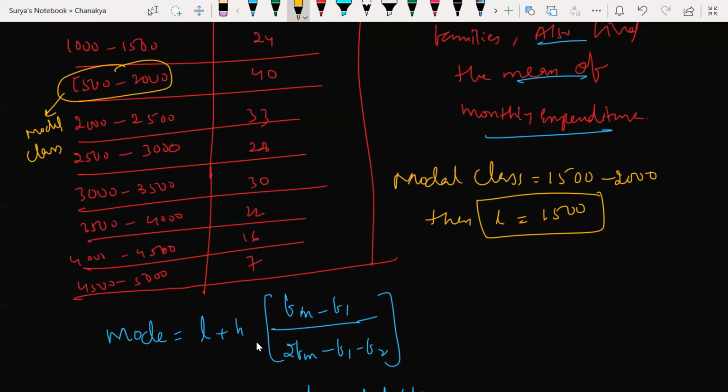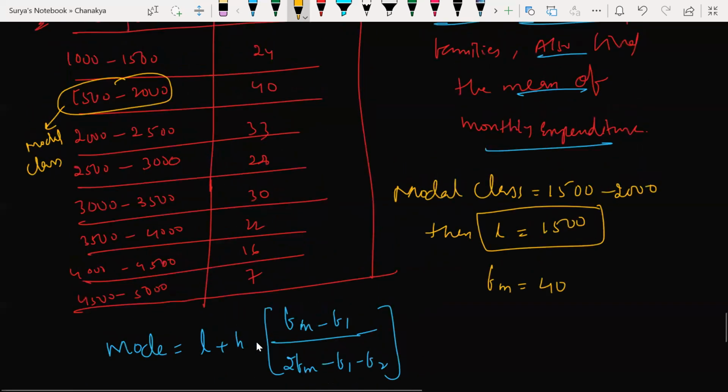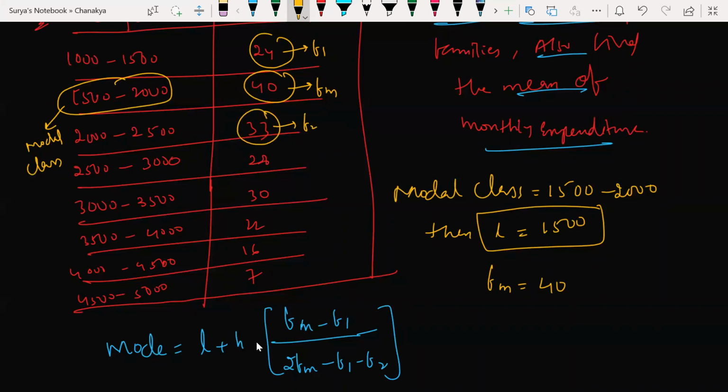What is Fm? Frequency of the corresponding class, 40. F1 is the preceding one, 24. F2 is the succeeding one, 33. What is H, the height of the class? 500. Understood my point?